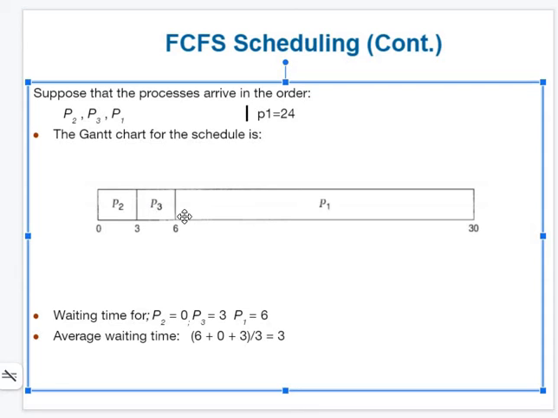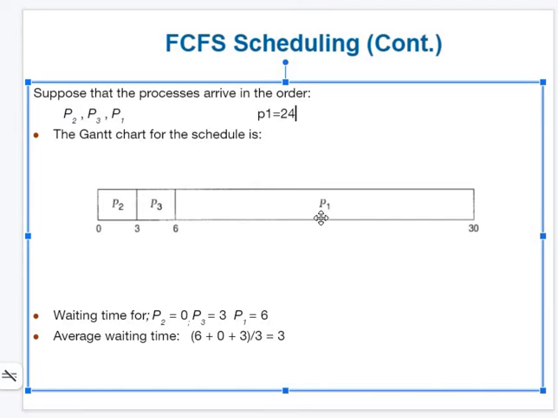So after P3 completes, what is there in the given order? P1. I know that P1's total execution time is 24. P1 is allowed only after P3 completion, and P3 was allowed only after completion of P2. Hence indirectly, P1 starts after completion of both P3 and P2, which is at the 6th time unit.